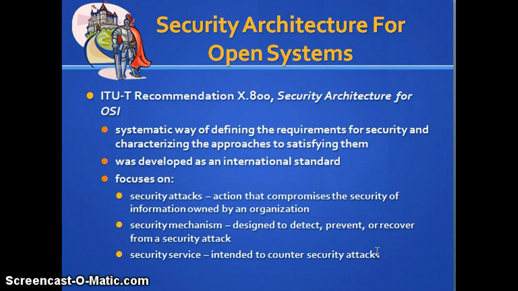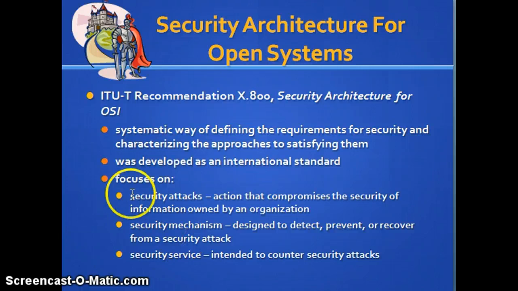We will see the different security services issued by the ISO. We will also talk about the security mechanism, designed to detect, prevent, or recover from a security attack, which is used to develop the security services.